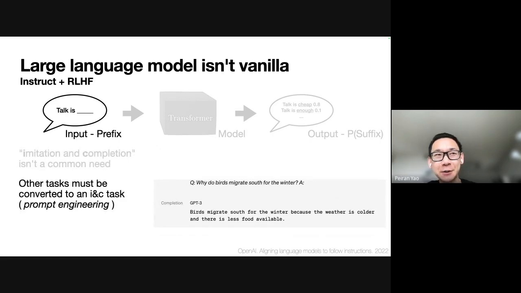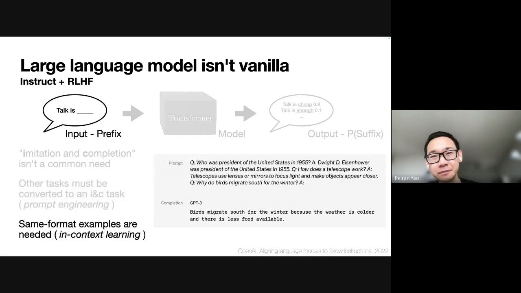And to make it do the work we want, we have to convert our request to some format like a Q colon something, and A colon. It will more probably generate an answer to a question instead of repeating your question in different ways.